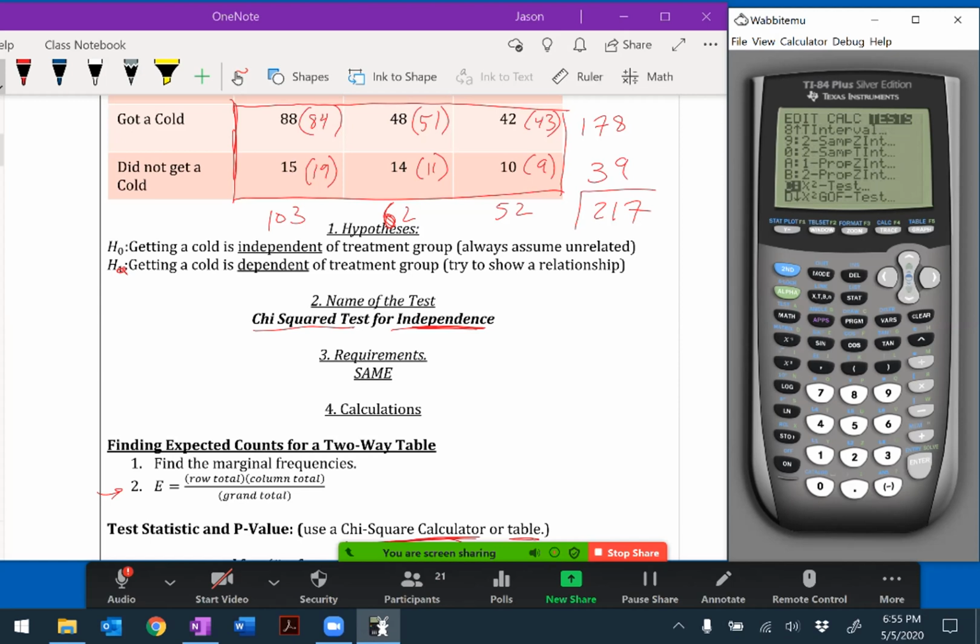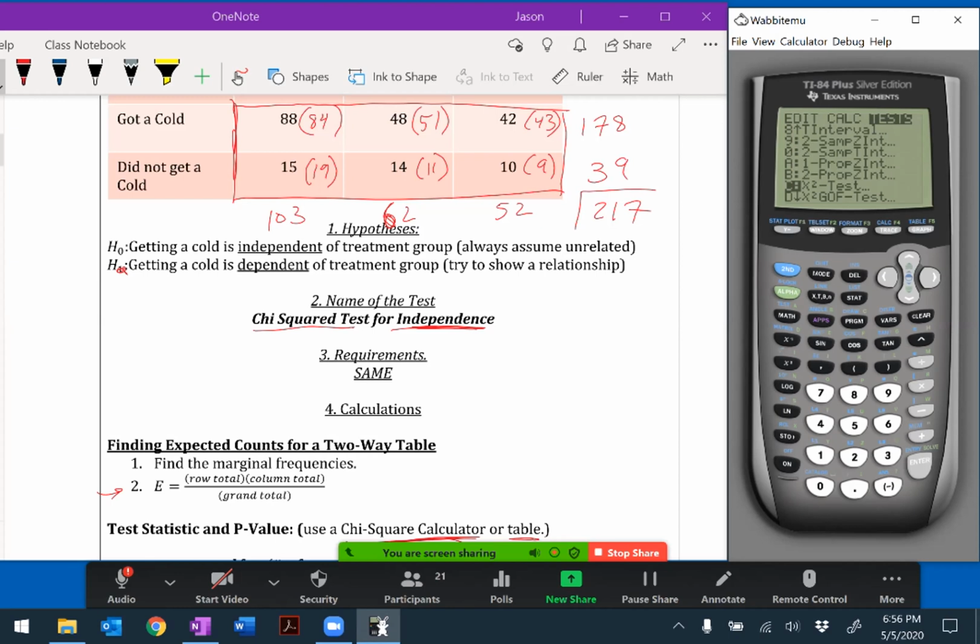Chi-square, not the goodness of fit one that we used before, because that was only when we had 2 rows or two columns. We were just wanting to know the expected versus the observed. Here we have 6 expected and 6 observed, but they're not paired up.